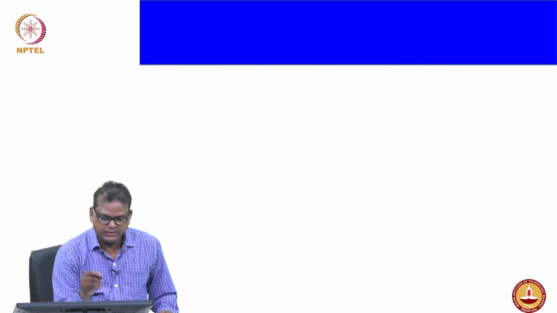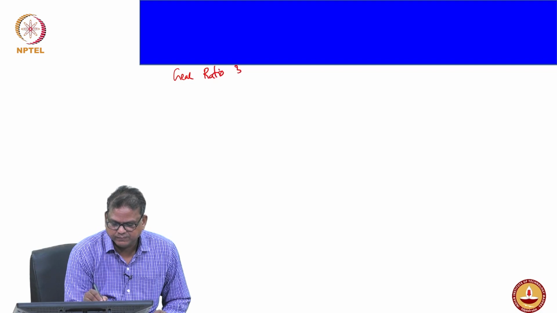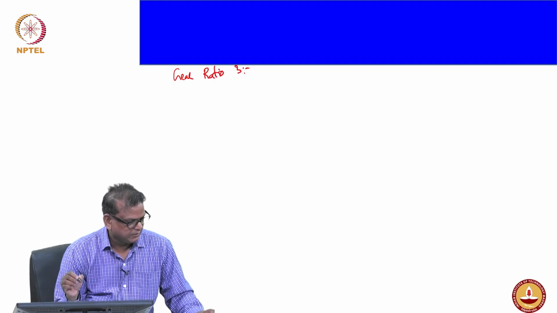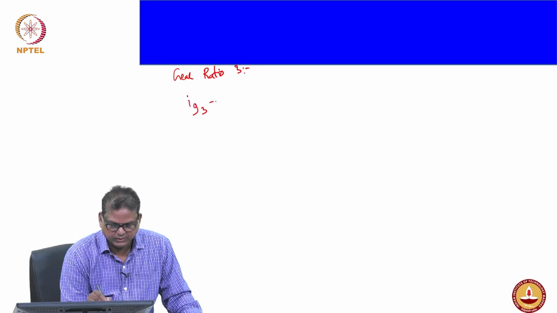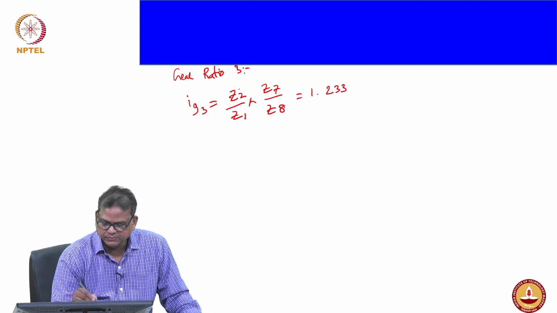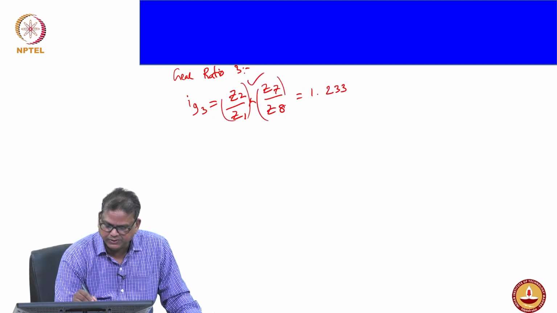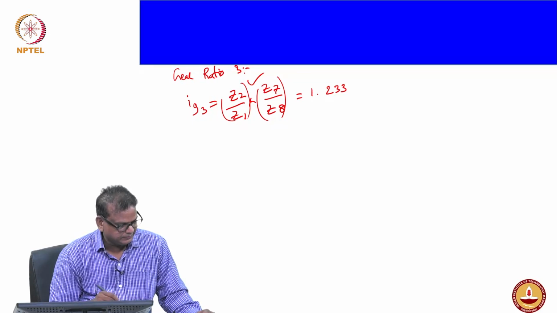And gear ratio 3. For the third gear ratio, Ig3 equals Z2 by Z1 into Z7 by Z8, equal to 1.233. Z2 by Z1 is already known to you, so you only have to find Z7 and Z8 as usual using the center distance method.